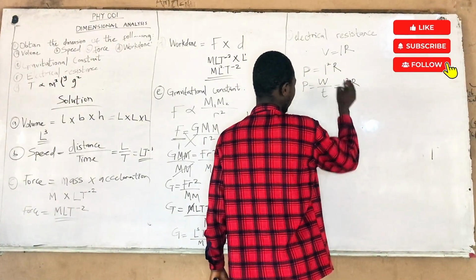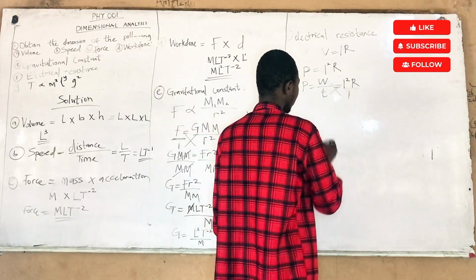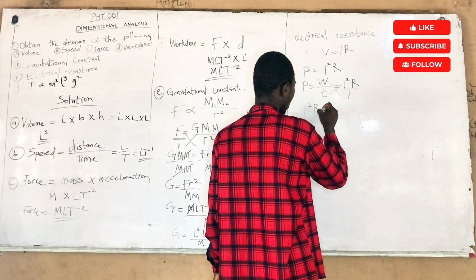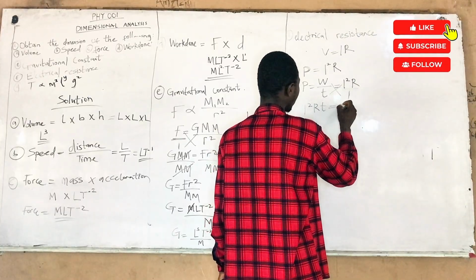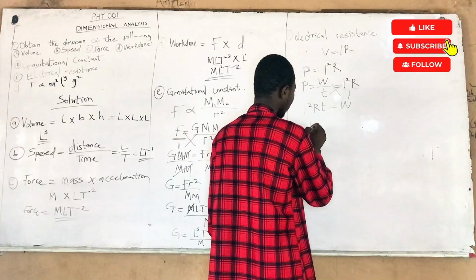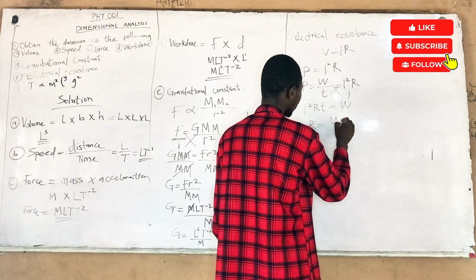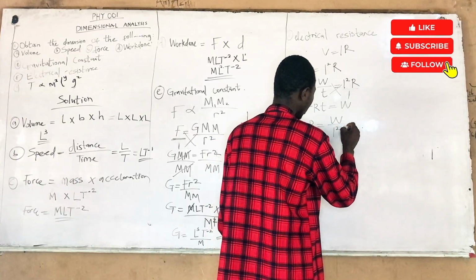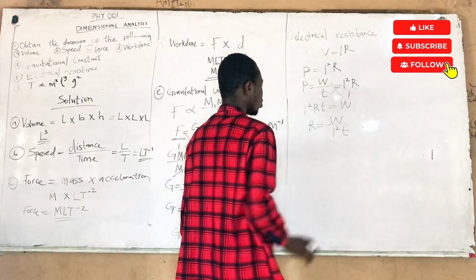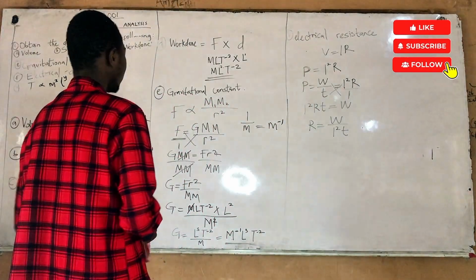That means you are going to do cross multiplication. Our cross multiplication will give us I square RT equal to W. So in isolating this R, we are having R equal to W over I square T, right? This work done, we have calculated for work done in this place.